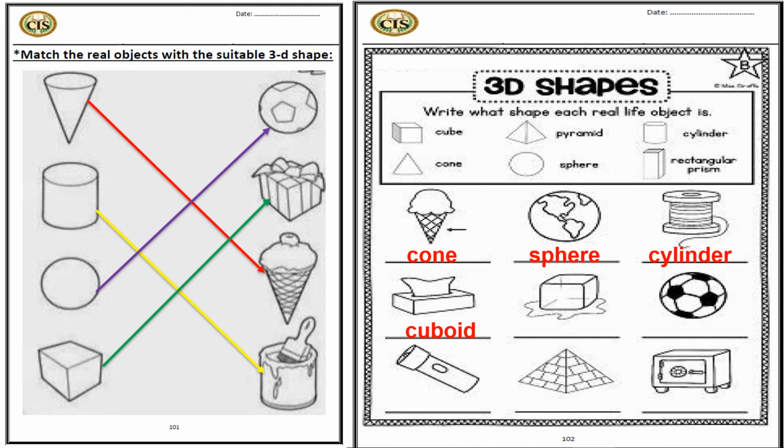The next photo, it looks like what? Cube. And this ball looks like sphere. And this photo, it looks like cylinder. And this pyramid, it looks like pyramid. And then the last photo, it looks like cube.